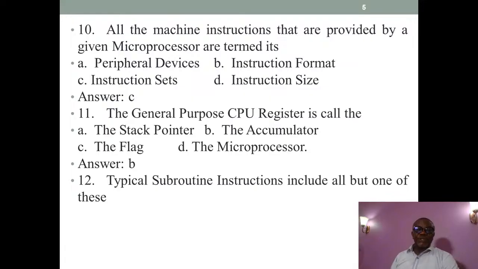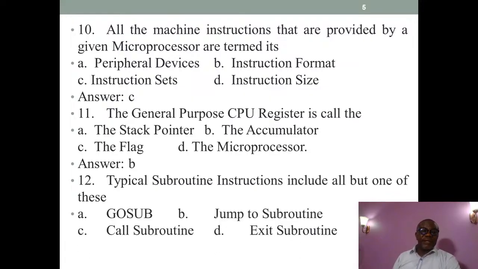Now, a typical subroutine instruction includes all but one of these: A, go sub, jump to sub, call sub, exit sub. When we are talking of memory instructions and addressing, we talked about subroutine, and we said that there are some standard commands used in subroutines, depending on the microprocessor.